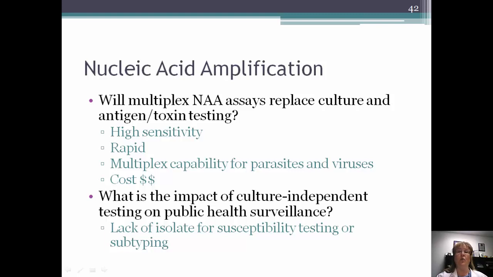Also, you have to think about what is going to be the impact of this culture-independent testing on our public health surveillance for these organisms. Essentially, if we choose to begin doing nucleic acid amplification testing, we will no longer have an isolate to submit for serotyping or susceptibility testing if requested. Now, this also, depending on what state you're in, may impact your reporting to public health by not having an isolate available.